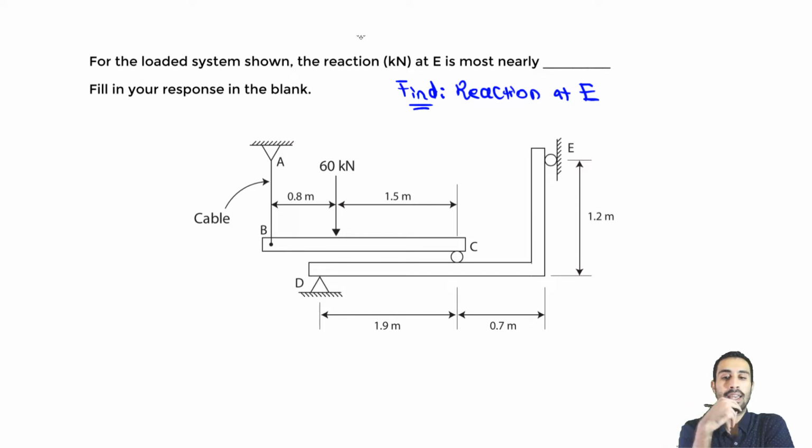Now, another question I have for you is, what direction will this point? Is it going to point to the left, to the right? Is it going to point up, down? It will point to the left.